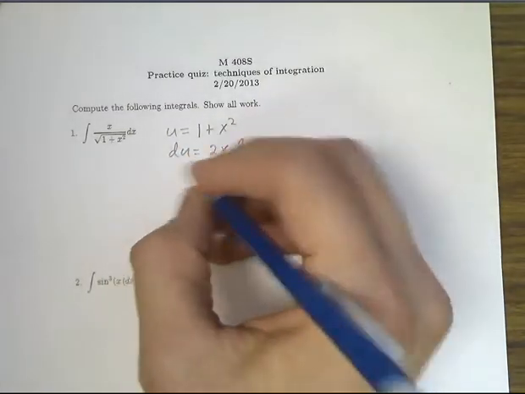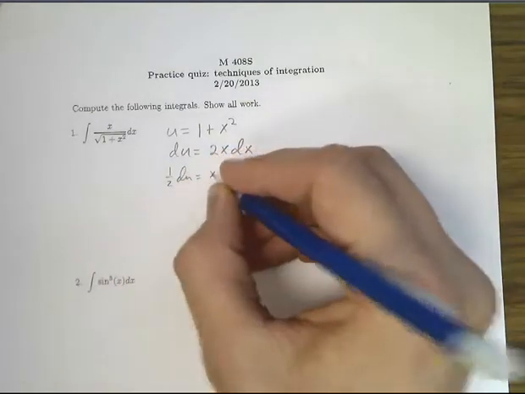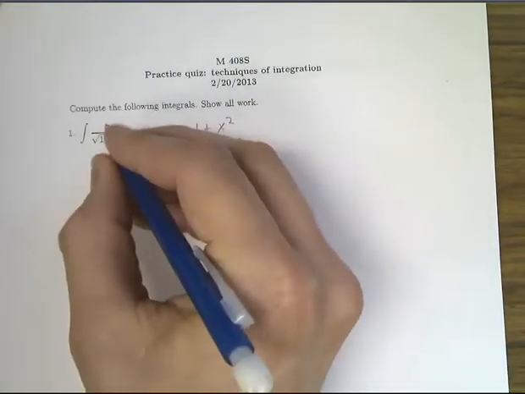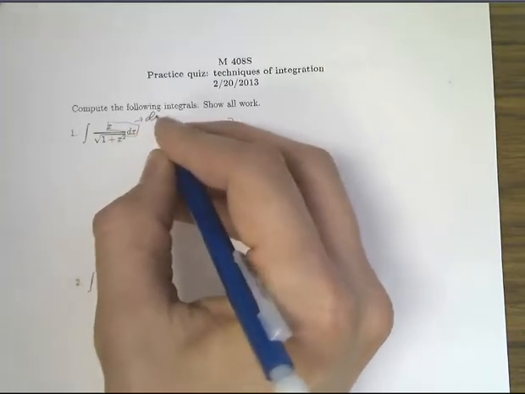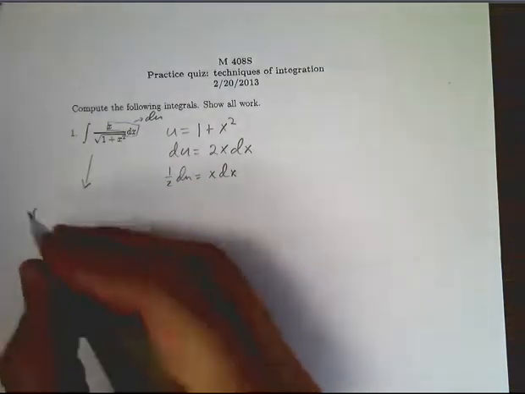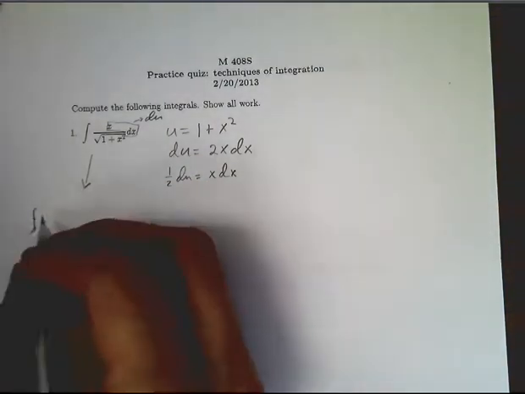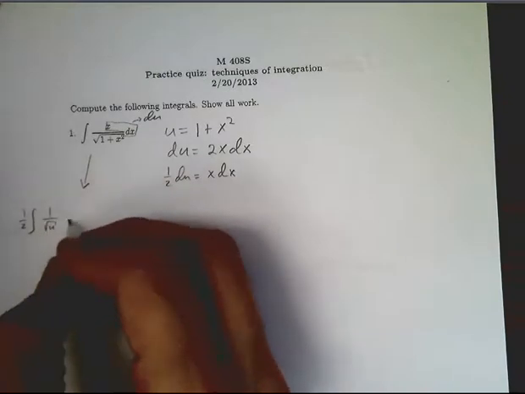If I rearrange this so that this is my du, see that this becomes 1/2 1 over square root of u du.